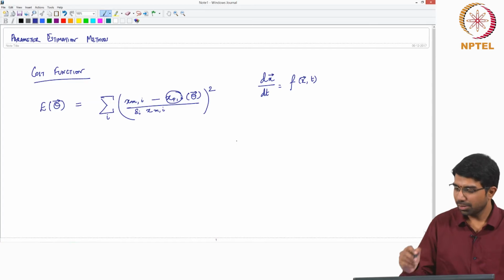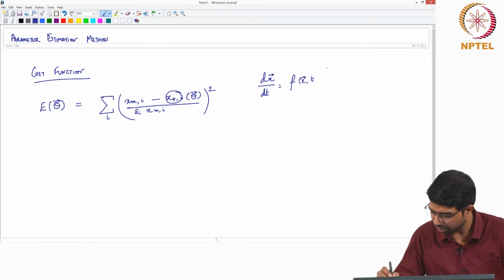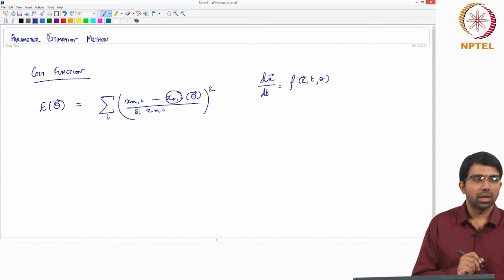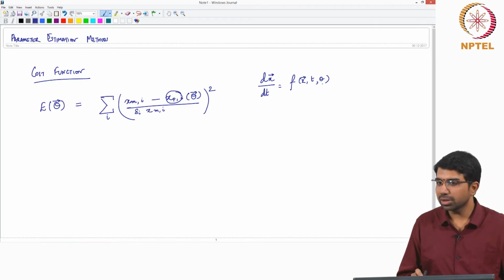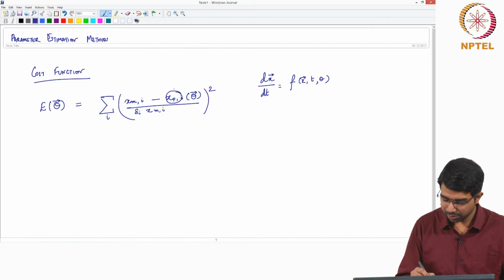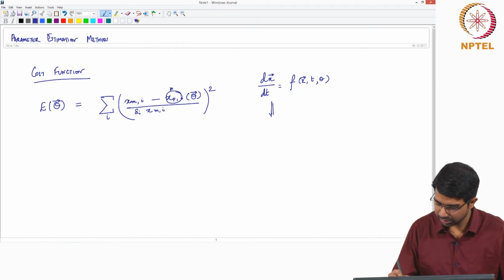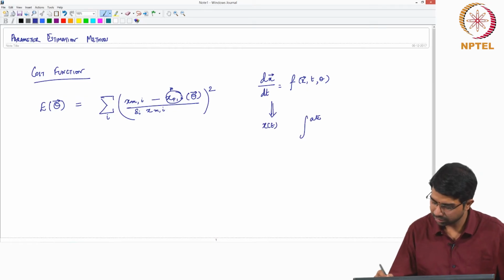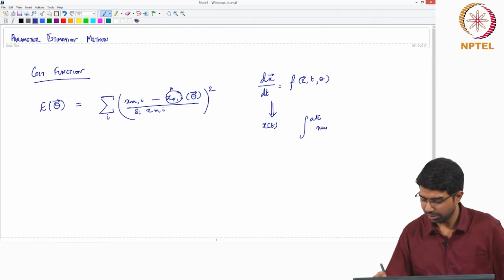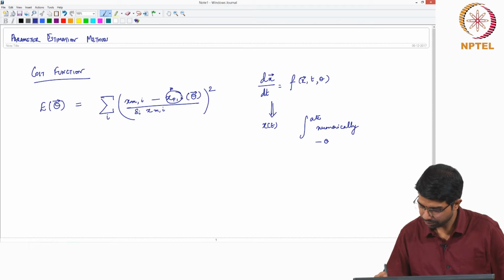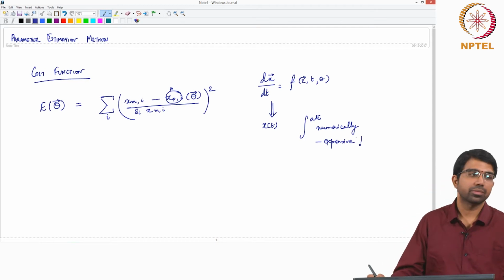But look at the problem here. You want x of t. To get x of t from this, you need to integrate numerically, since we have no analytical expression, which is expensive.